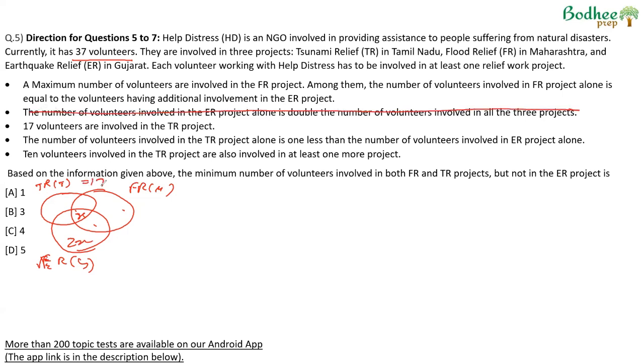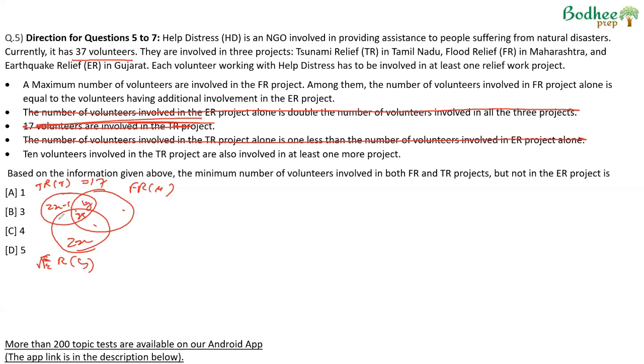TR is equal to 17. 17 volunteers are in TR. Number of volunteers in TR alone is 1 less than number of volunteers in ER alone. So this is 2X minus 1. 10 volunteers involved in TR project are also involved in at least one more project. So basically the sum of these 3 values is 10.